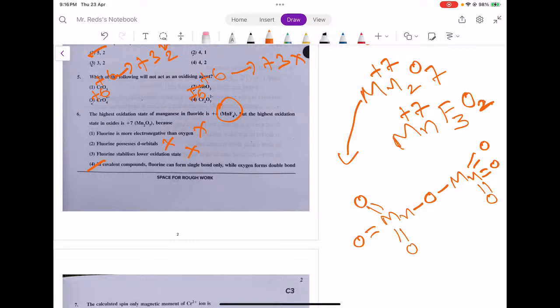Each manganese has oxidation state +7. So in covalent compounds, fluorine can form single bonds only because its oxidation state is -1, while oxygen forms double bonds. Here oxygen is forming double bonds. So the fourth option is correct.